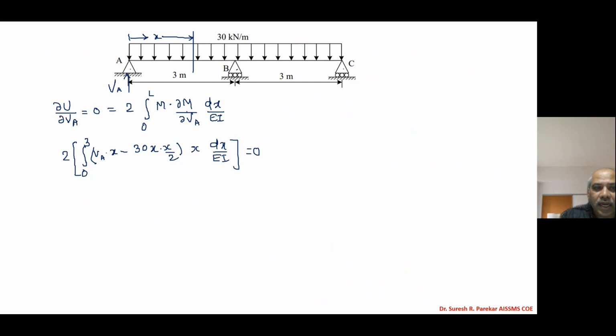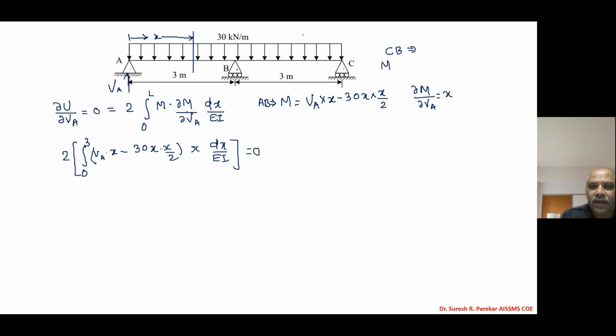So now try to understand M. If I write M, that is equal to VA into X minus 30 into X by 2. And then dabba M by dabba VA is equal to X. So this is for AB. Now if we write for CB, then you are going to get the same.